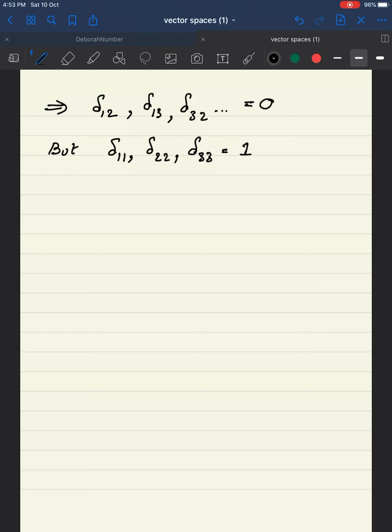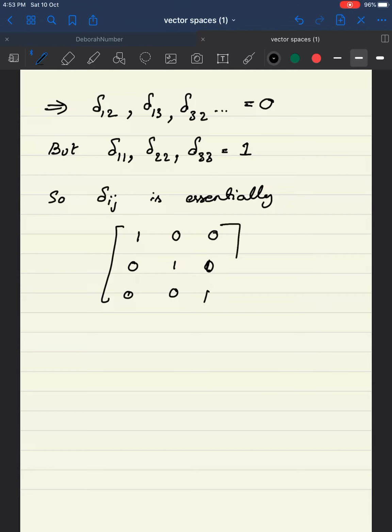So delta_ij is essentially the identity matrix, with 1s on the diagonal and 0s elsewhere. Okay, great.